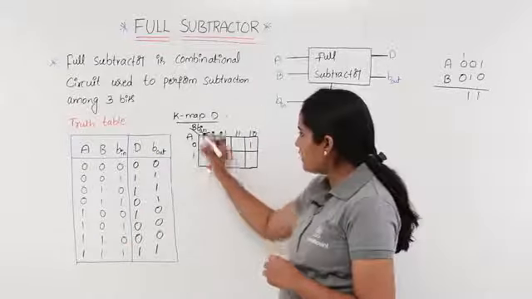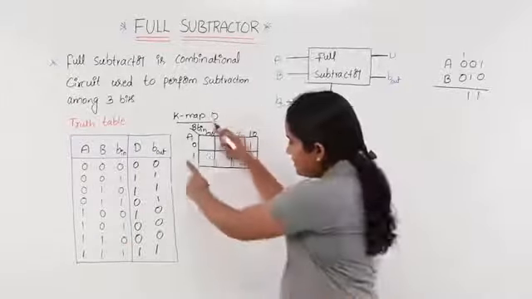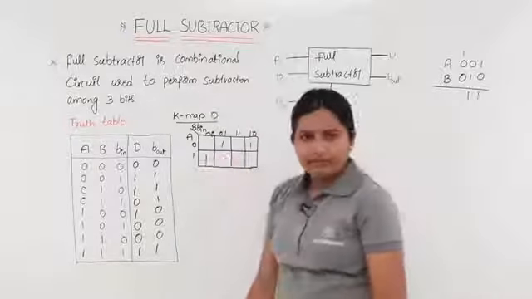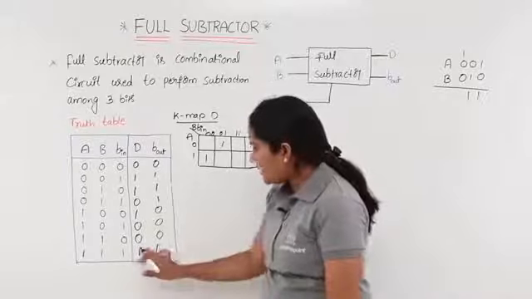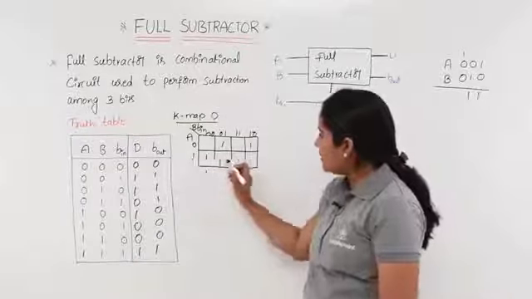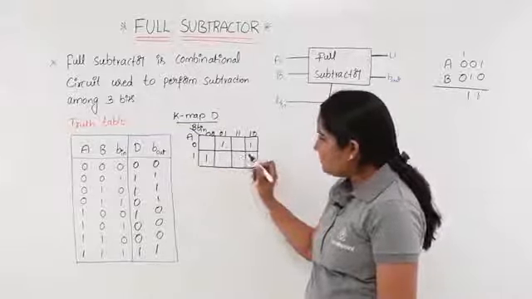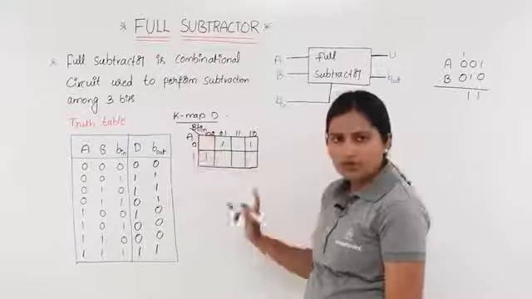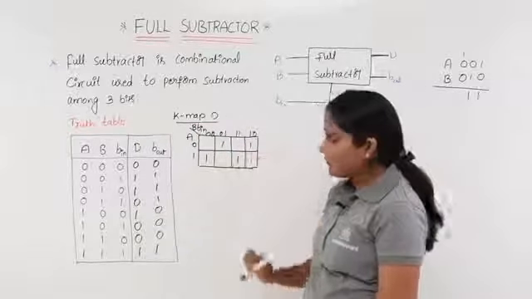A is equal to 1, B, B in both zeros, this will become the combination cell, so here you are having 1. And finally you are having 1 at the all ones place, so this cell becomes the combination cell of A is equal to 1, B, B in is equal to 1, 1. So here you are having 1.